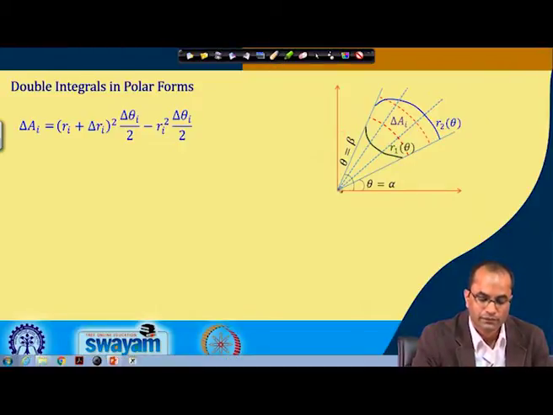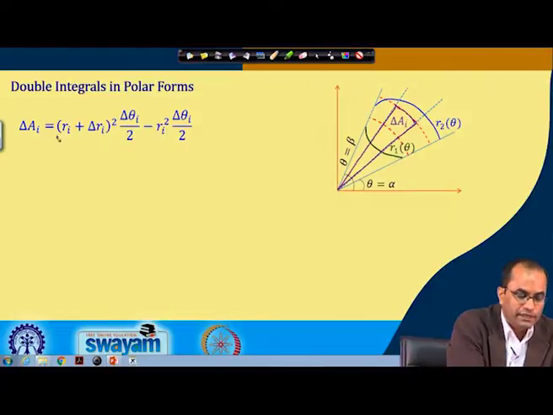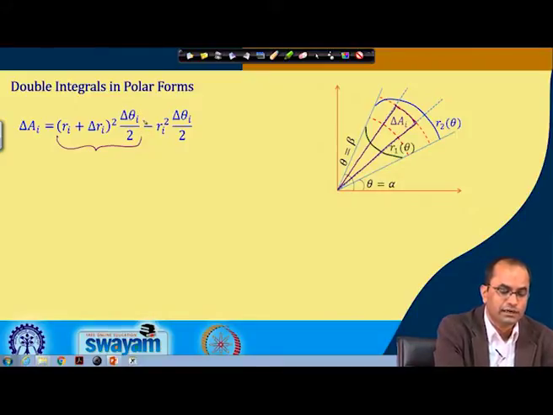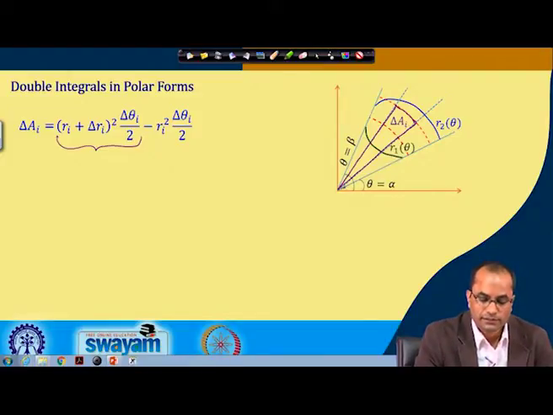So, we have this area, which is given by r i plus delta r i, because that is the radius, and the angle was delta theta i, all by 2, and minus we subtract the inner area to get the area delta A i.